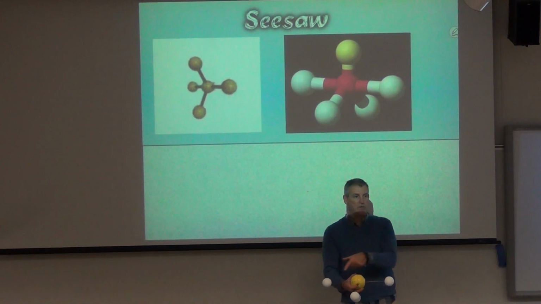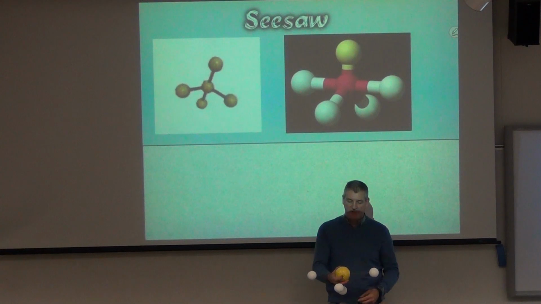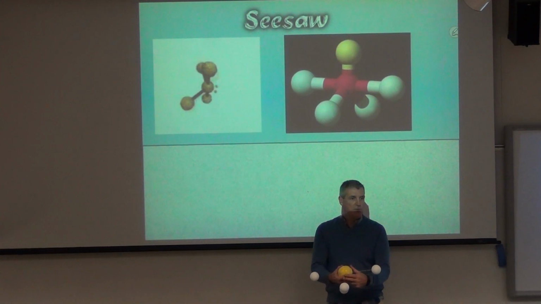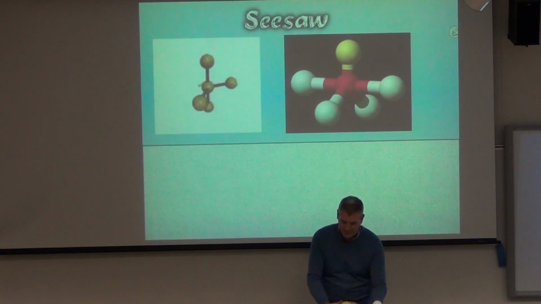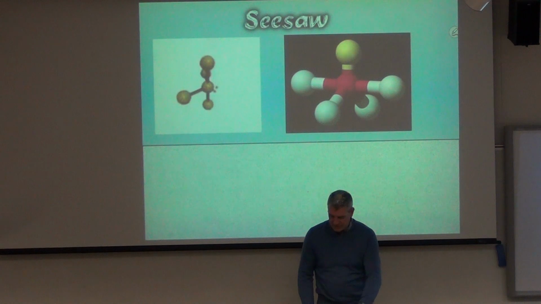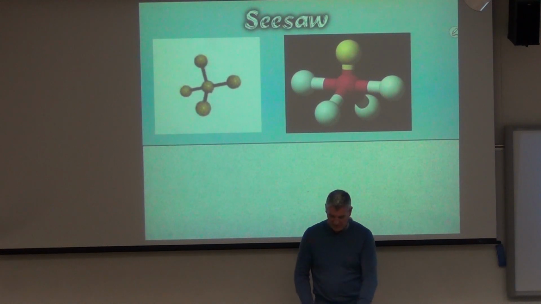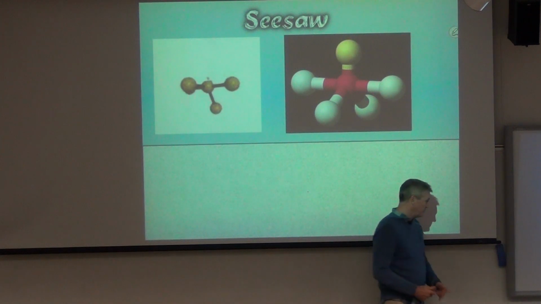So we still have our 2 vertical legs. This is like the plank of your seesaw, and the 2 legs that are in that horizontal plane represent your fulcrum, and that guy just goes back and forth like that. There's your seesaw. That's pretty neat.